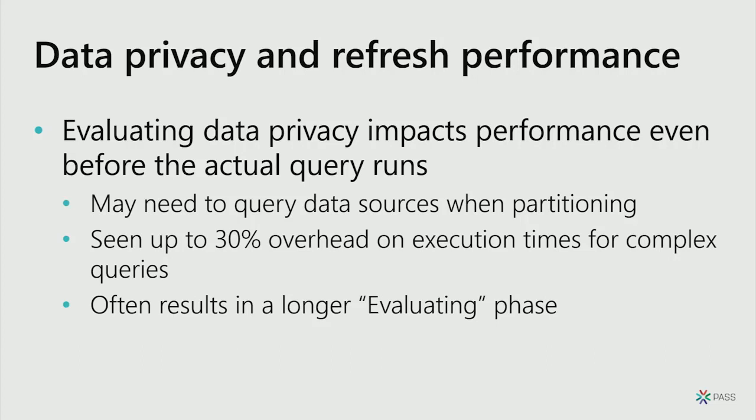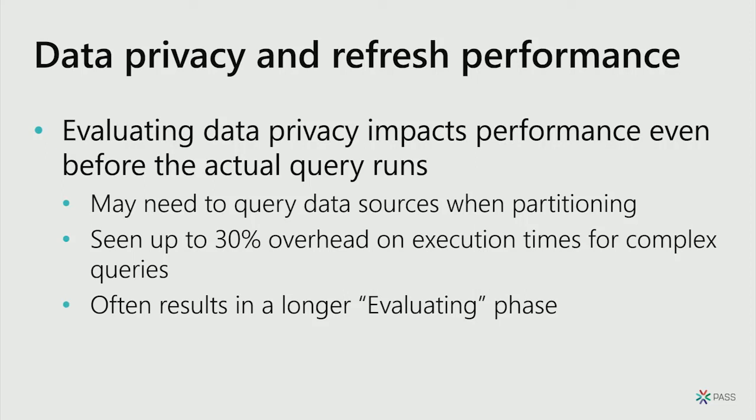So nothing to do with query folding, nothing to do with anything else. It is purely the overhead of applying these checks which can make complex queries with typically lots and lots of different reference values very, very slow.